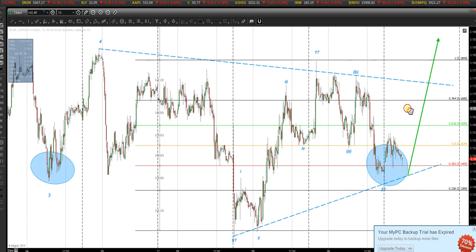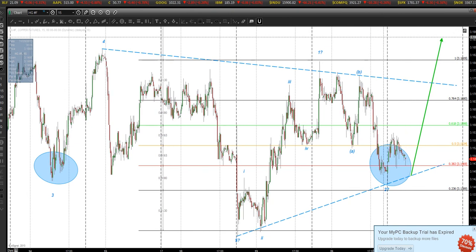So definitely looking for prices to push above this level. So looking for prices to go higher, and then a break of the neckline, which is right here, would confirm that prices are going to push higher. So definitely looking for a breakout in this pair upwards. Bias on this is higher.